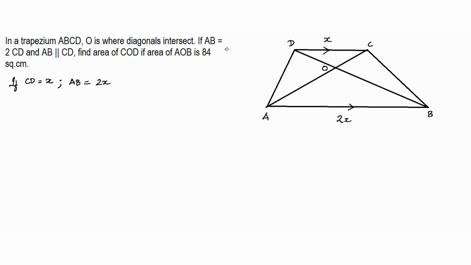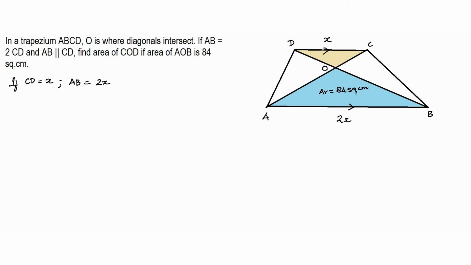We have to find the area of triangle COD, that is we have to find the area of this triangle, if it's given that the area of AOB is 84 square centimeters. So this area is 84 square centimeters. Now we have to find the area of triangle COD, right?